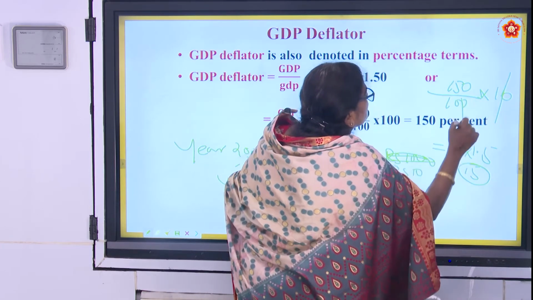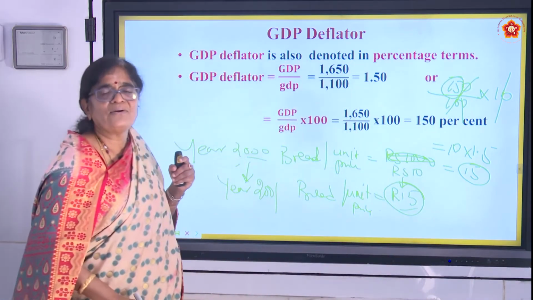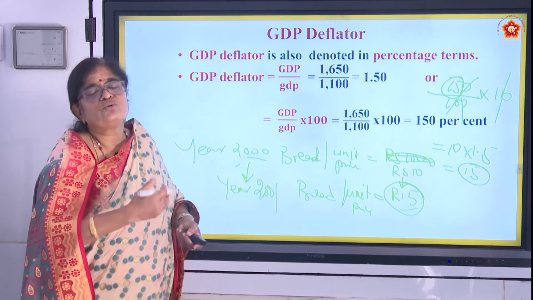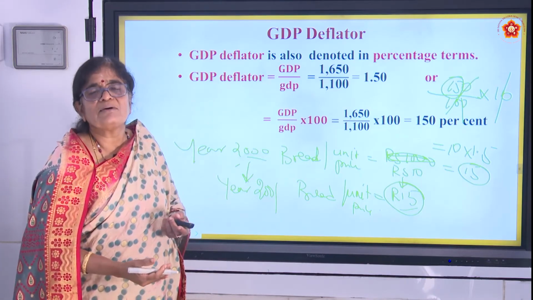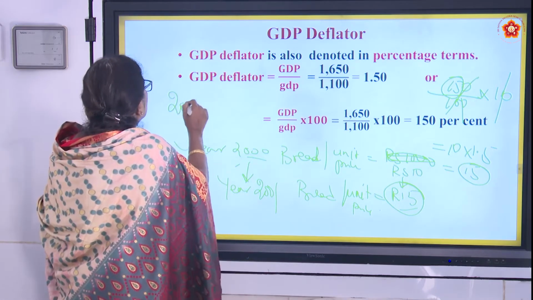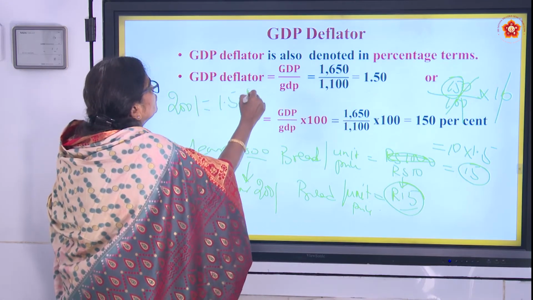The 2001 price is nothing but 1.5 times the price of 2000.